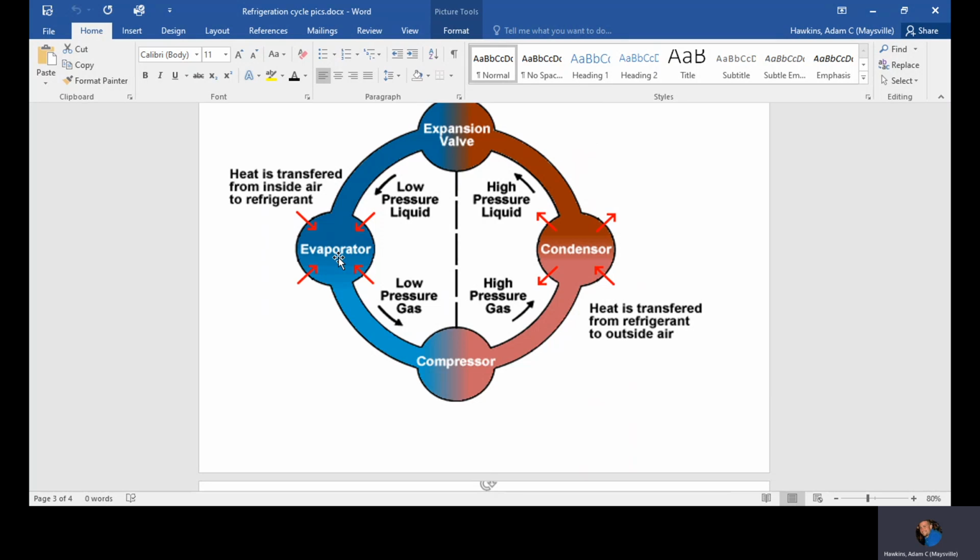So the latent change of evaporation absorbs about 1,000 times more heat than the same exact temperature, just sensible. Sensible just means it's measured with a thermometer, degrees that you can measure. So if you have a coil that's 40 degrees, but it's not going through any sort of latent change, it's not going to absorb a lot of heat.